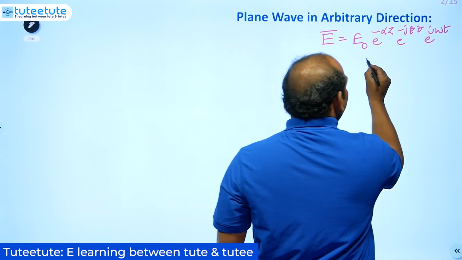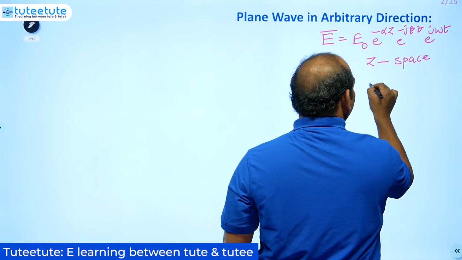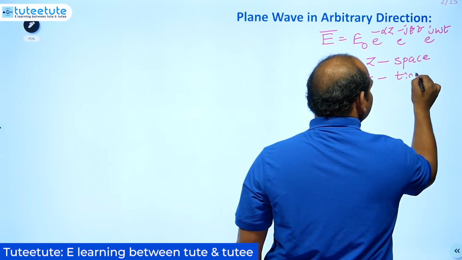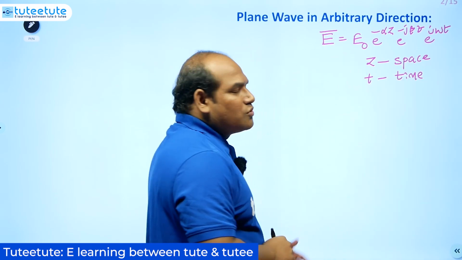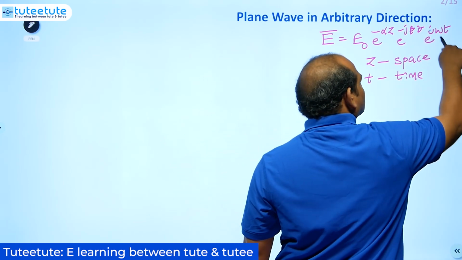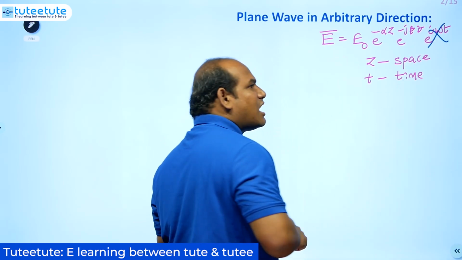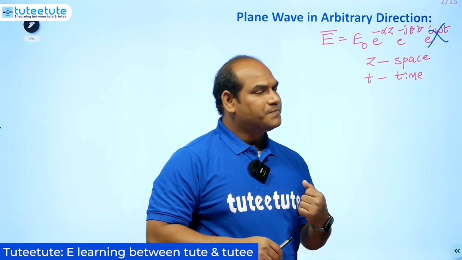So z represents the spatial coordinate and t represents time, so it is changing with respect to both. If you are working with phasors, we can suppress the time variation, so you neglect this. After doing the analysis, you can include e power j omega t.